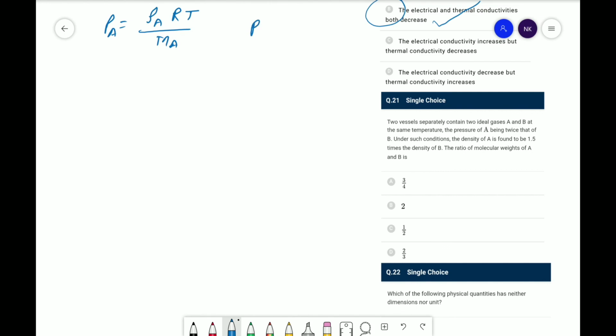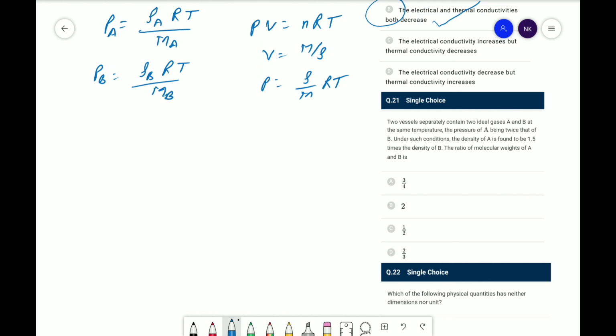Therefore PV is equal to nRT and V is equal to mass upon density. Hence P is equal to density upon mass into RT. Now in the same way, PB is equal to rho B RT upon MB.